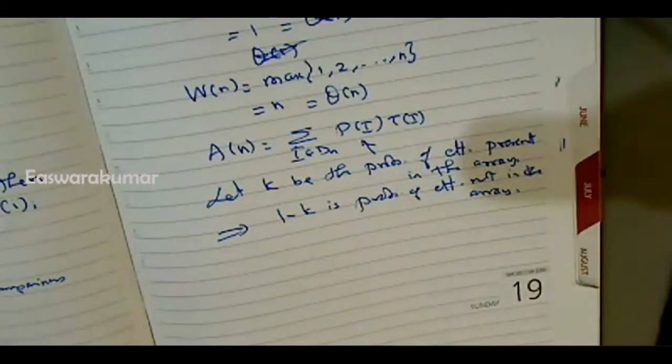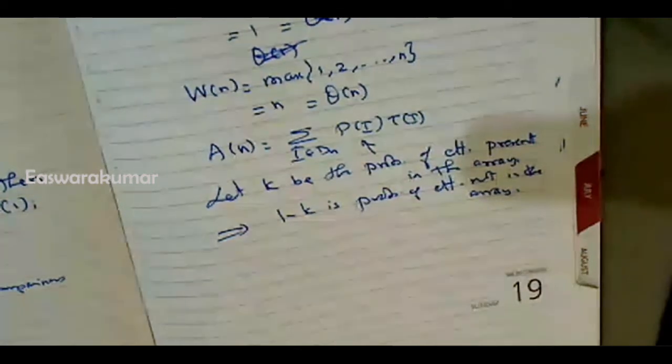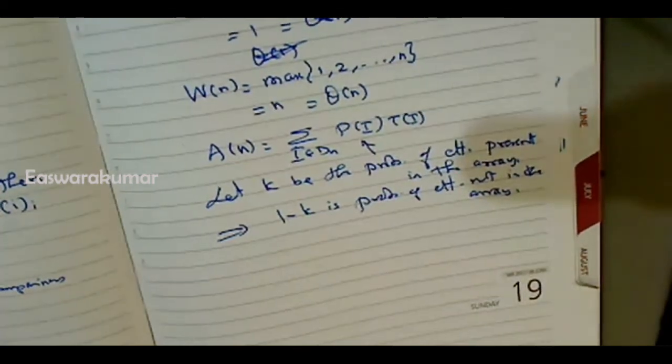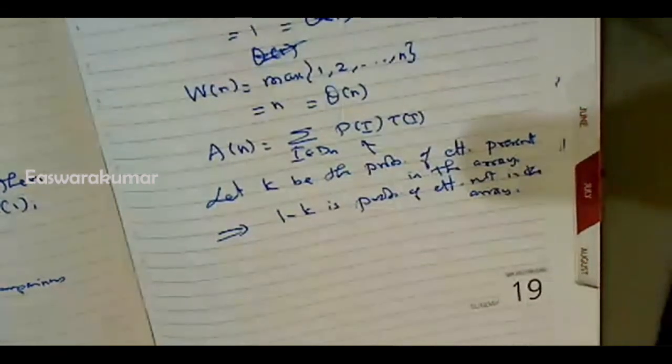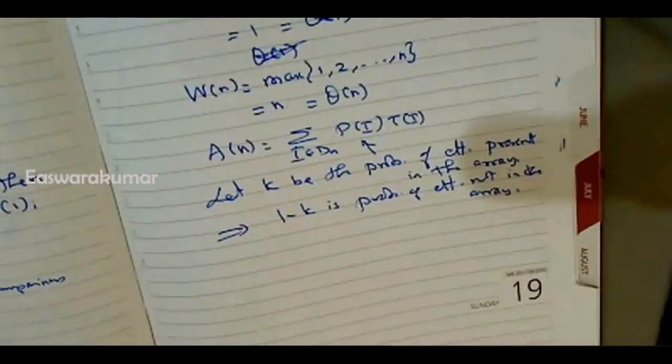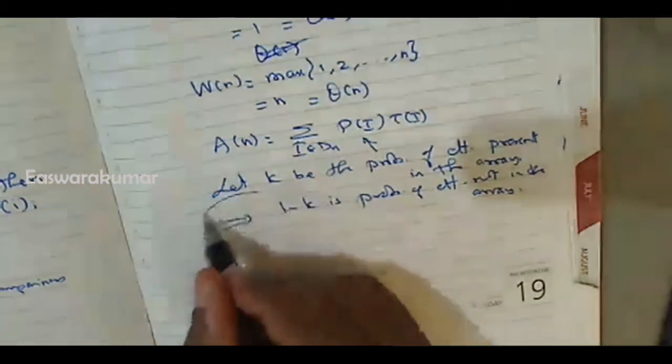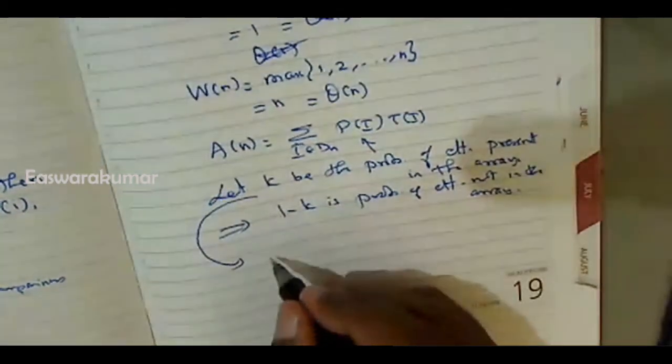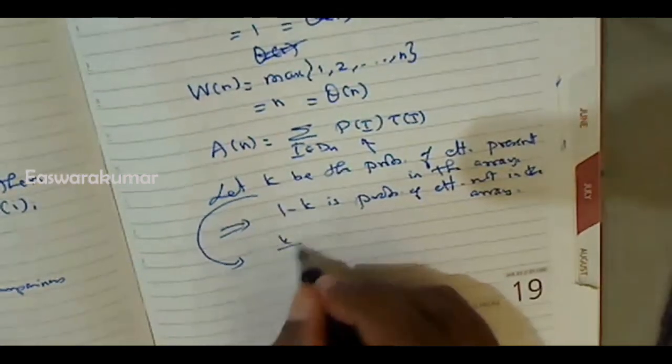So out of n positions, it may be in any one of the positions. Therefore, there are n possibilities available. And hence, the average probability for this case is K by n.